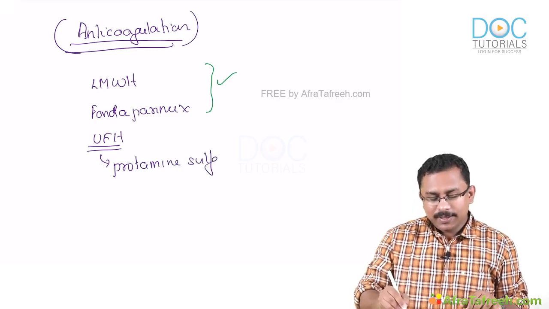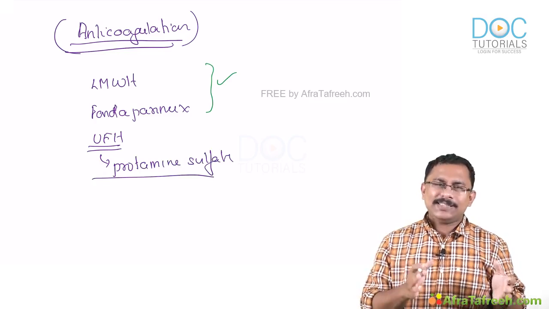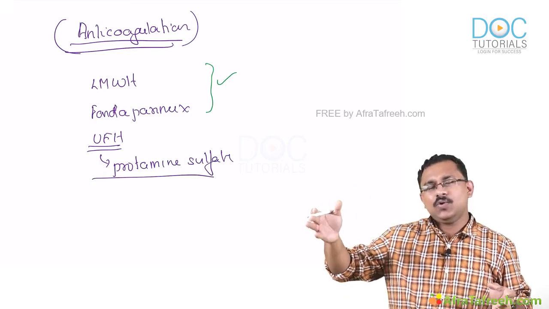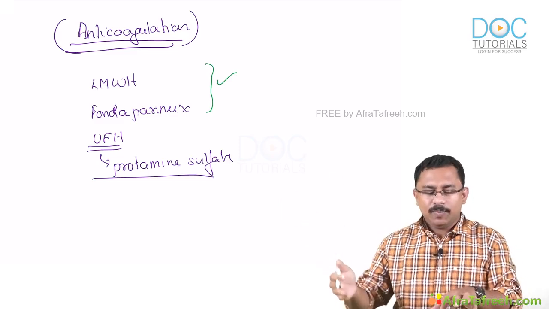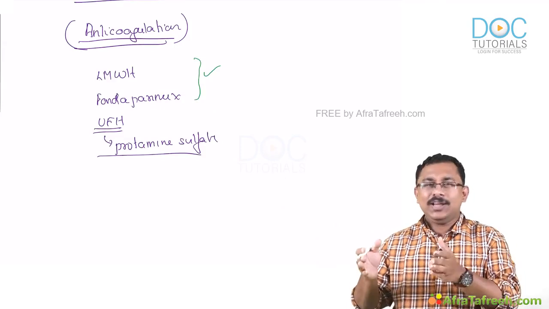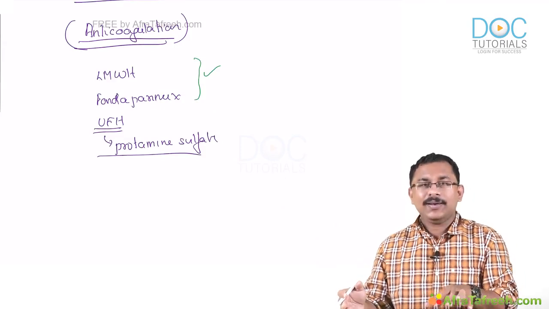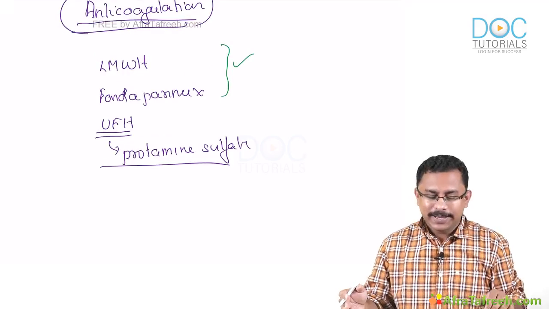So you have to anticoagulate the patient in a submassive pulmonary embolism as well as in an acute pulmonary embolism after your thrombolysis. After your thrombolysis, you will not anticoagulate immediately. Only after another 24 hours would you anticoagulate, because otherwise there is a chance of bleeding.